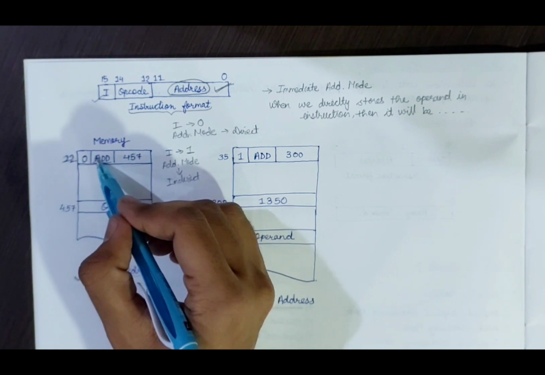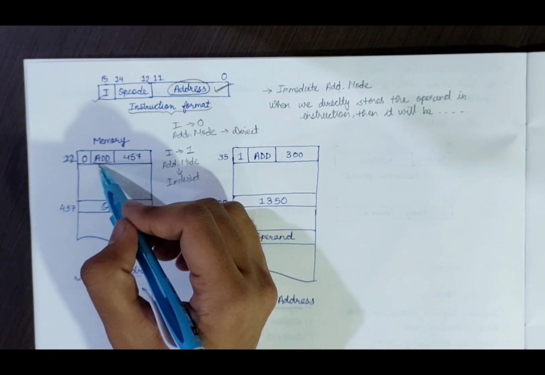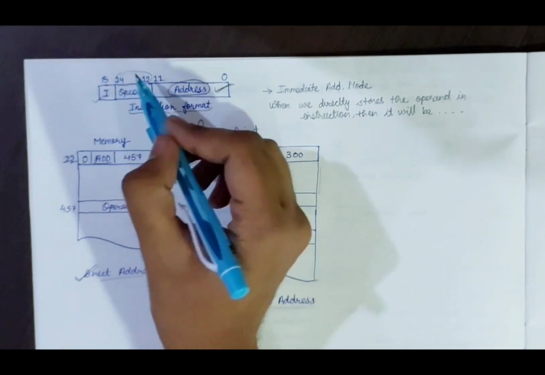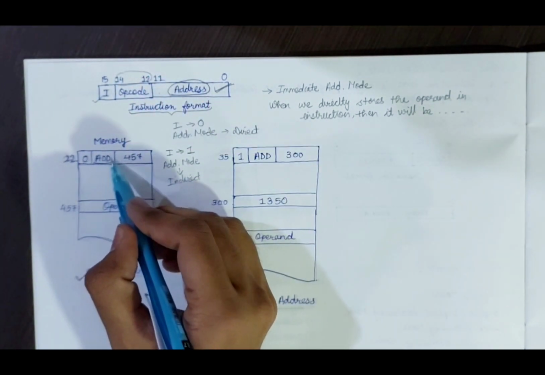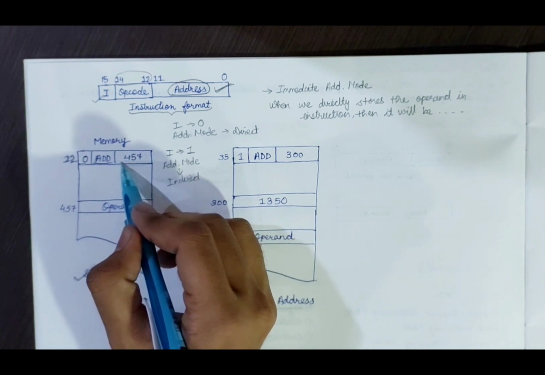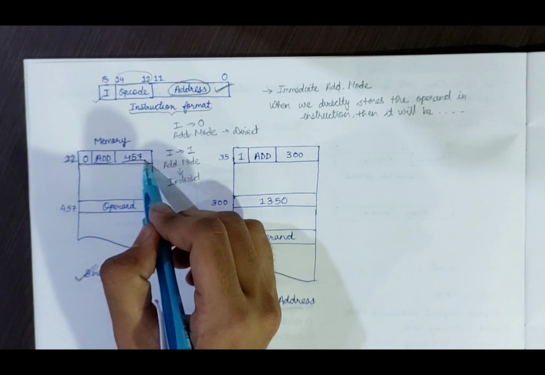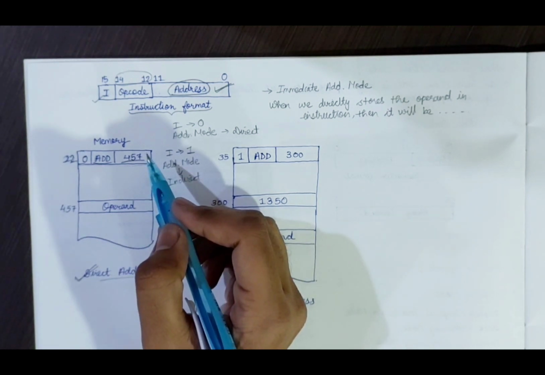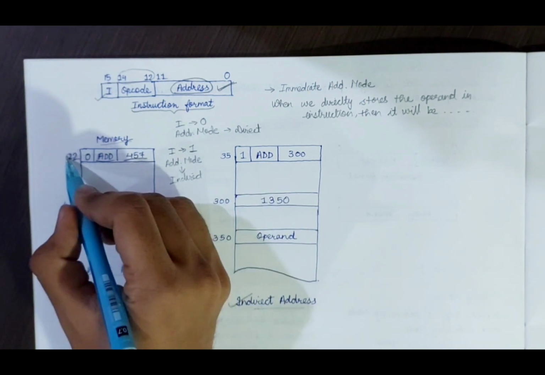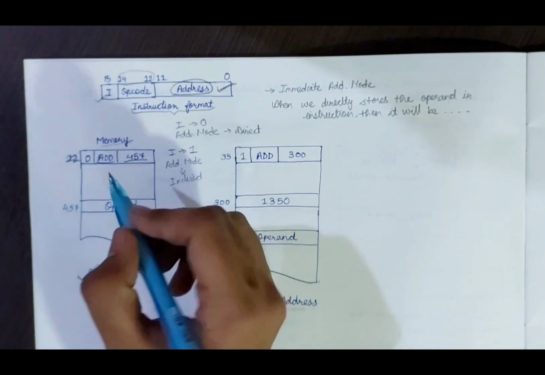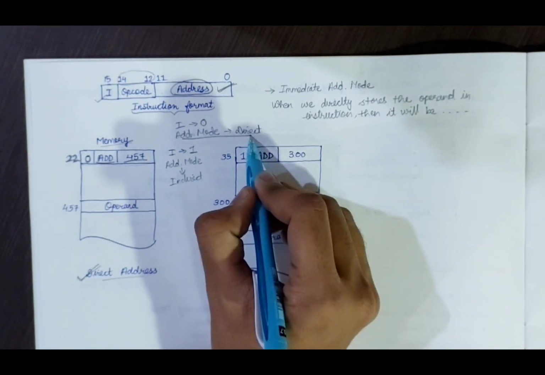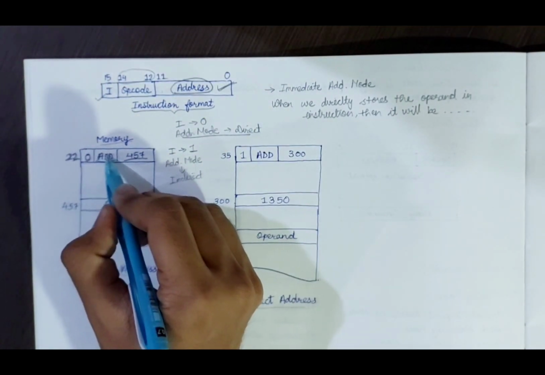For example, for the add operation the opcode is 010, these 3 bits 14 to 12. Then it will do the addition operation on the operand which is at address 457 with the content of the accumulator. So in the memory this instruction is at address 22, and the ith bit is 0, which represents direct addressing mode, and the operation is add.